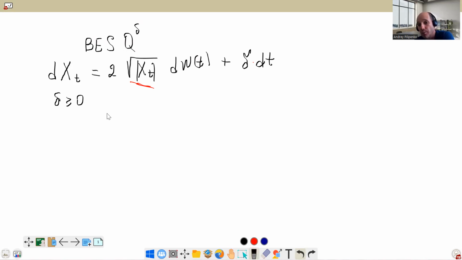Moreover, if the initial starting point is non-negative, then using some comparison theorems, it can be proved that x of t is non-negative too. So we may write the equation without the absolute value here.